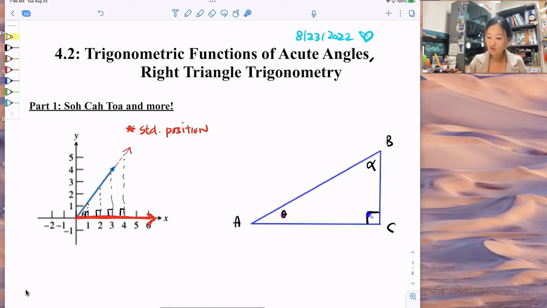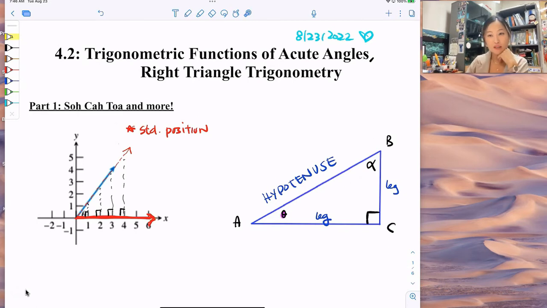Obviously across from the largest angle, which is the right angle in a right triangle, is called the hypotenuse. And these are called just legs. Here's leg 1 and leg 2. Those are just legs, okay?